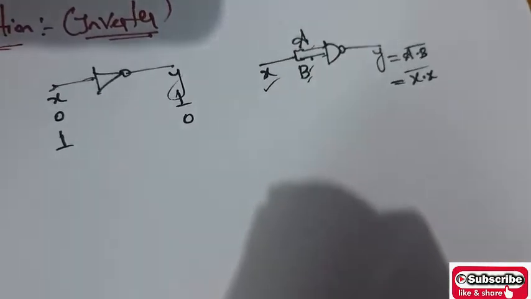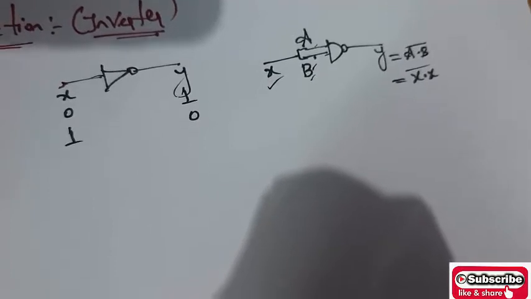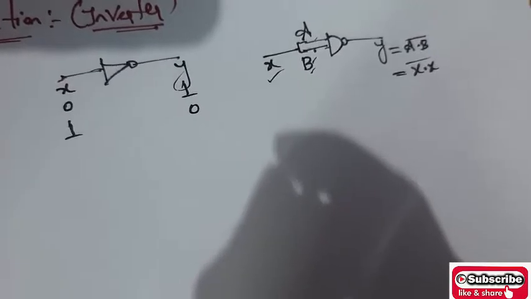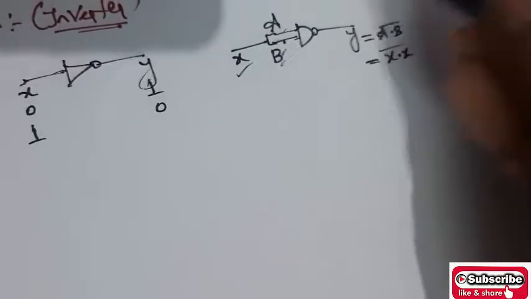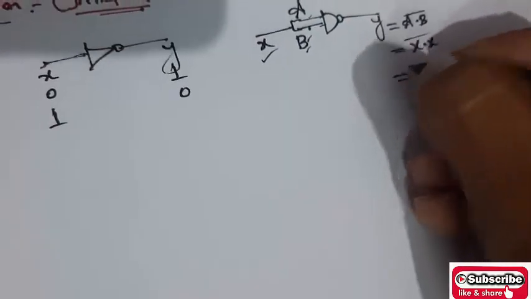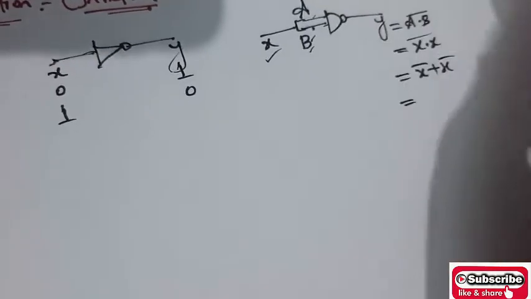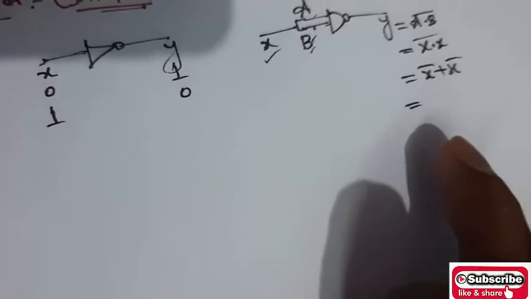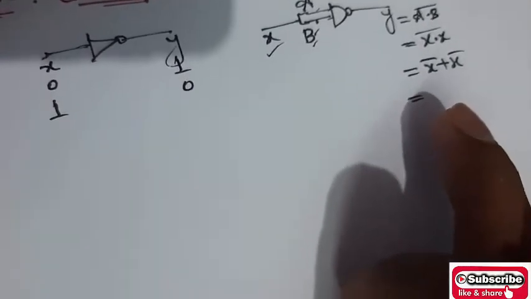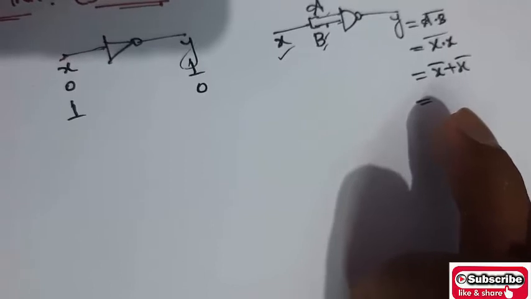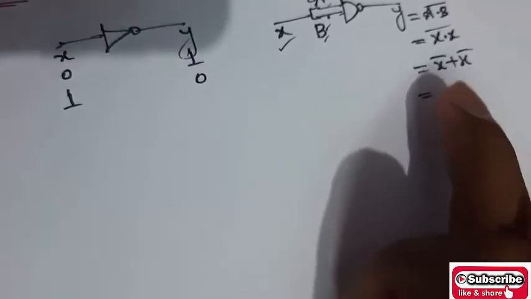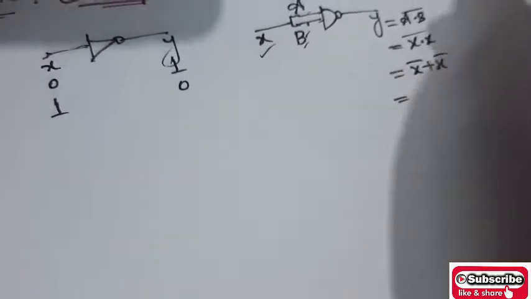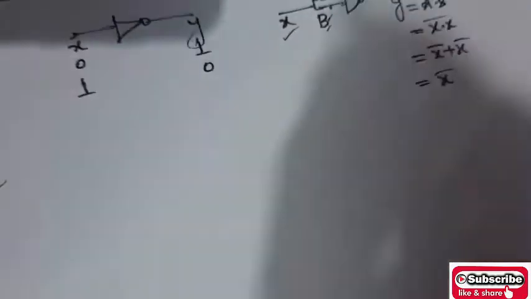We know by De Morgan's theorem, A bar dot B bar is equal to A bar plus B bar. That means X bar dot X bar is equal to X bar plus X bar. By using the property A plus A is equal to A, here in place of A we have A bar. A bar plus A bar is equal to A bar. Here A is replaced by X. That means X bar plus X bar is equal to X bar.